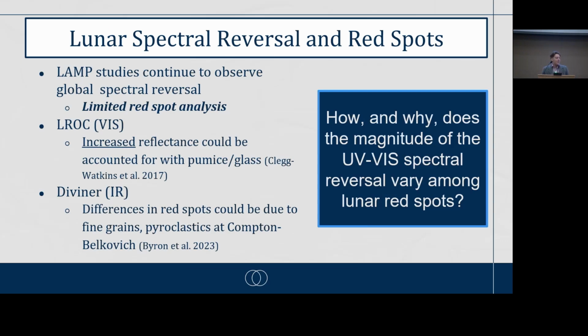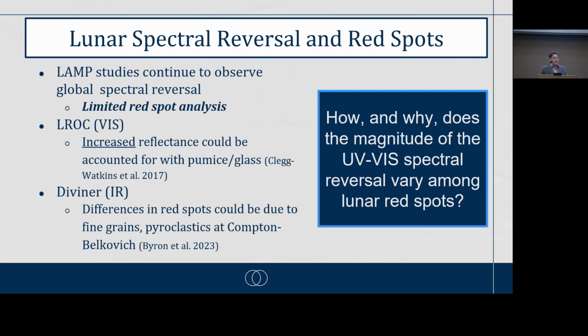So tying these two together, how do we link spectral reversal in the UV vis to red spots? LAMP studies have continued to observe the spectral reversal, so that is confirmed. However, there is limited far UV analysis of red spots. There's also limited UV vis analysis of red spots.